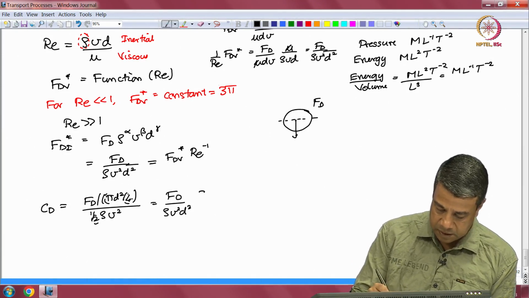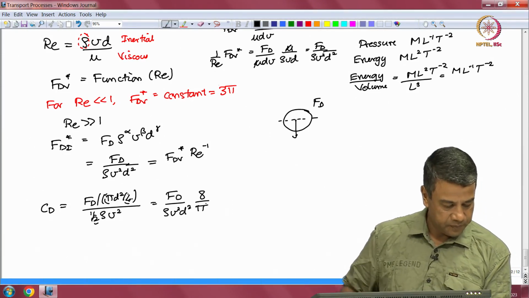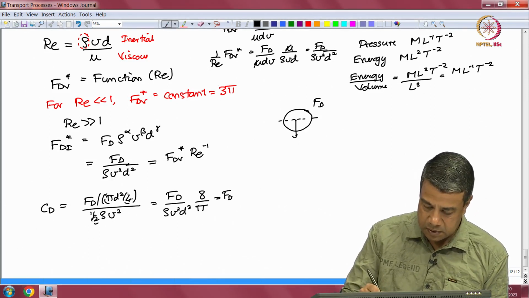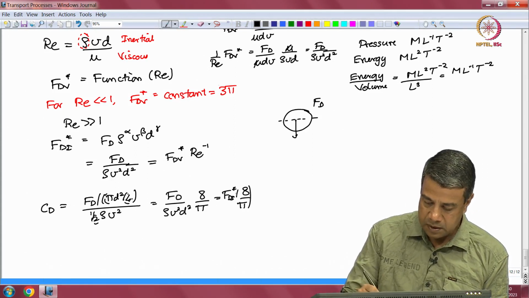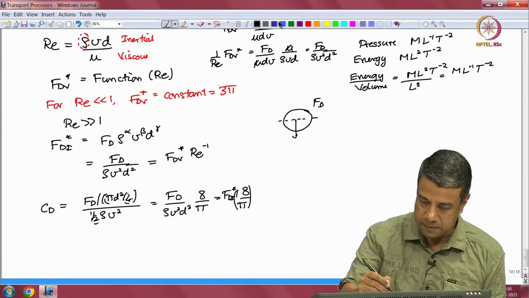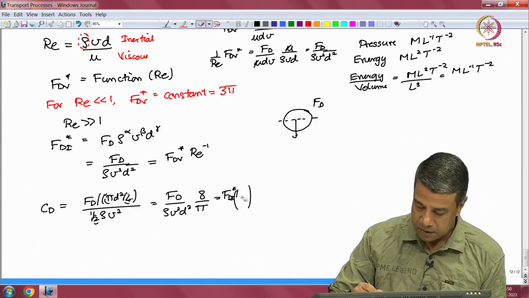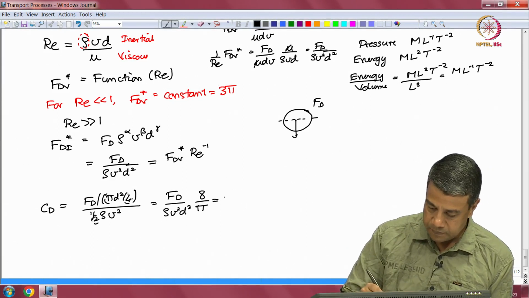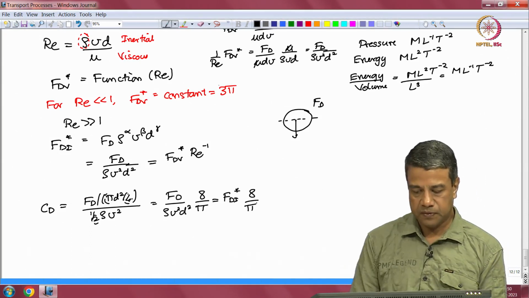So, this will be 8 by pi, which is the inertial pressure into 8 by pi.